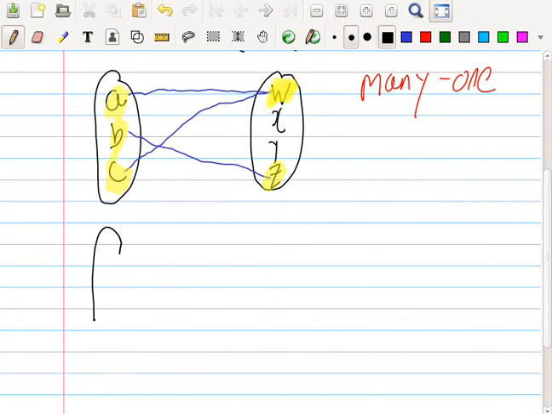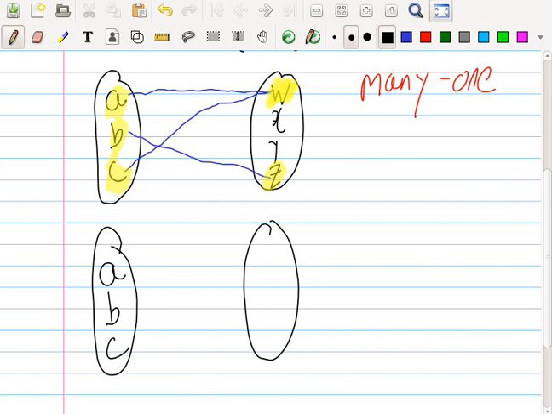So that's many 1. Next one. A, B, C. Oh, I have 2. I'll keep it the same. W, X, Y, Z. So here, A goes to W. A goes to X. A goes to Y. Let's get rid of the C. Let's not put too many.